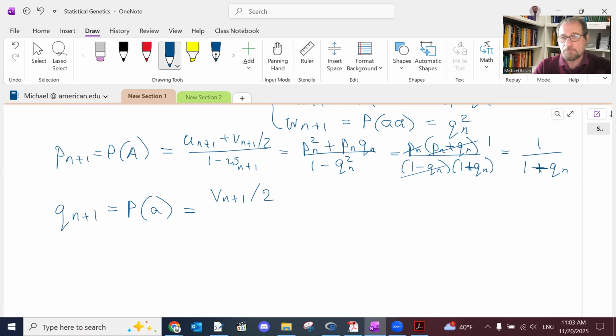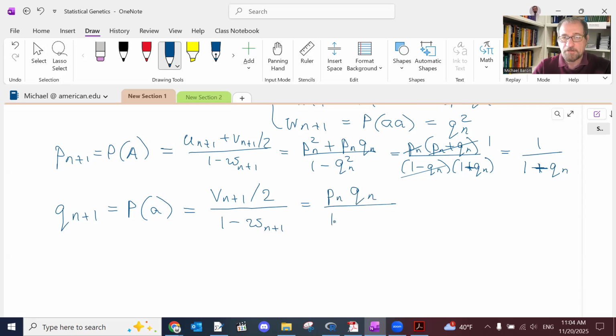The recessive genotype doesn't mate, so you can only receive a recessive gene from a heterozygote, divided by the same condition. So that becomes half of 2 PnQn, which is just PnQn.